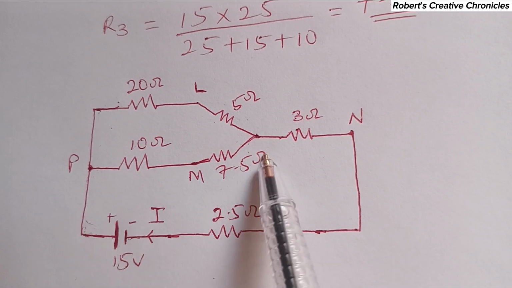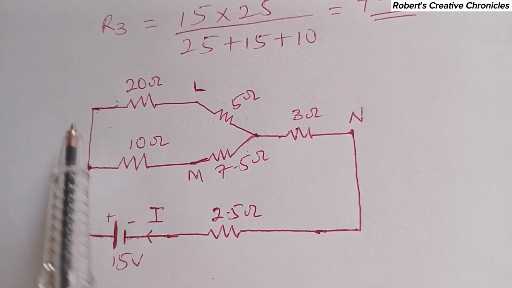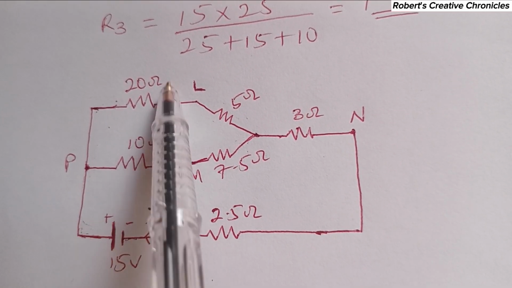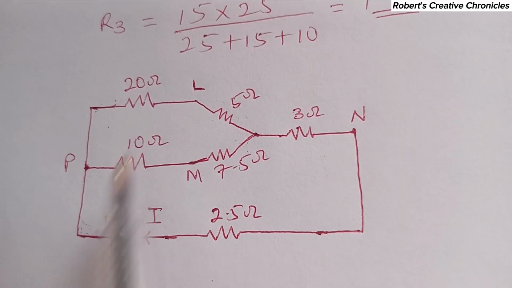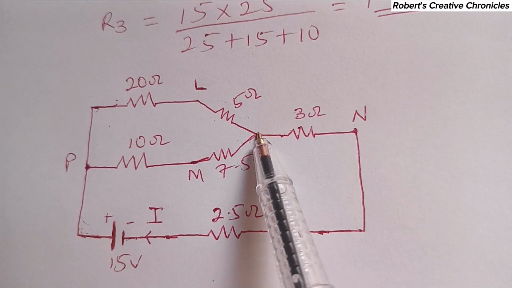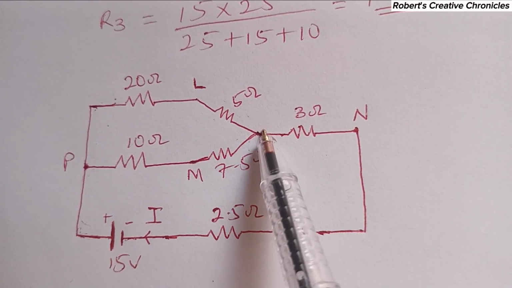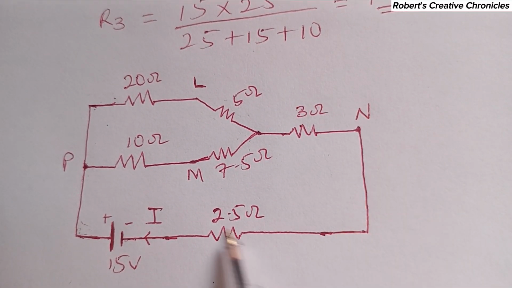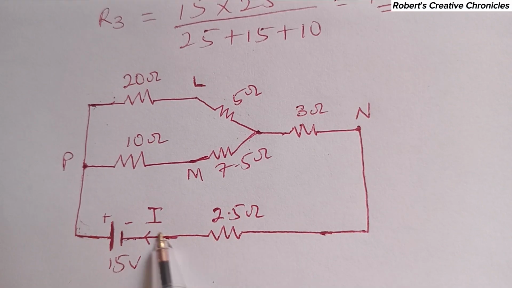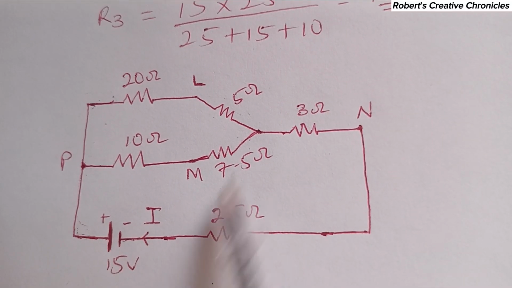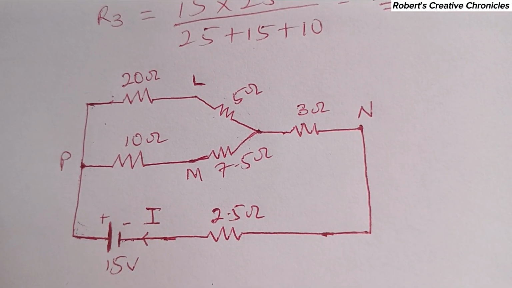That means the resistance in this branch and the resistance in this branch are parallel to each other. When the current comes to this point, both currents join and the same amount passes through 3 ohm and 2.5 ohm, so they are in series.